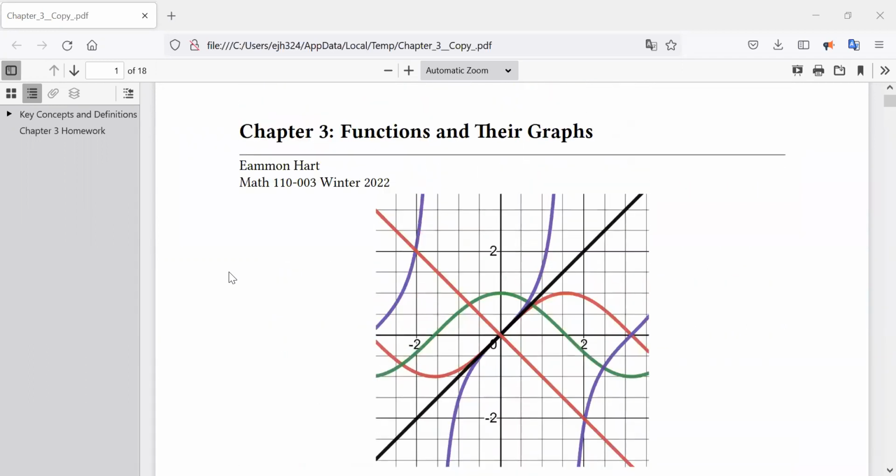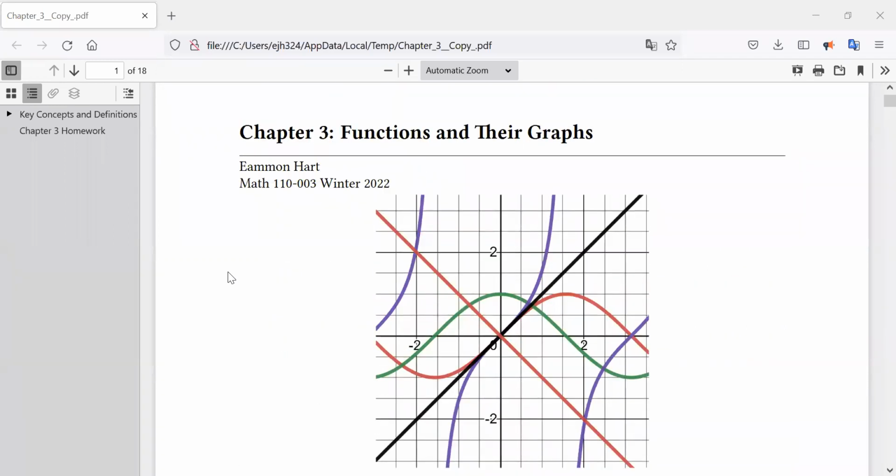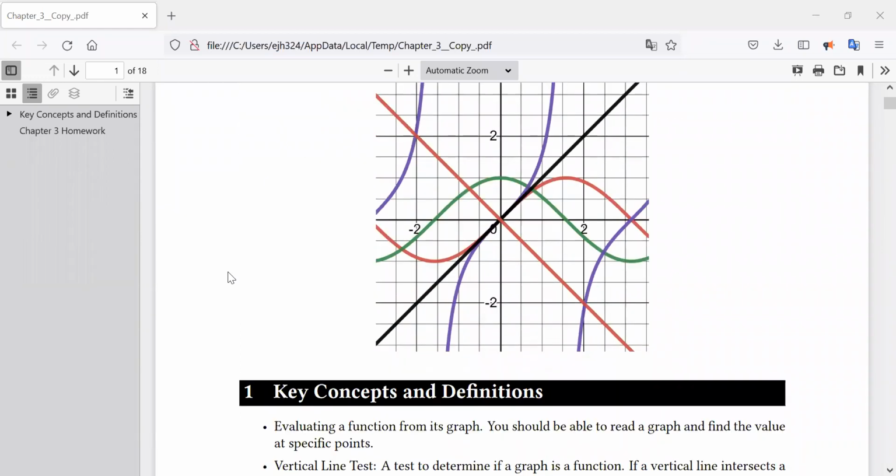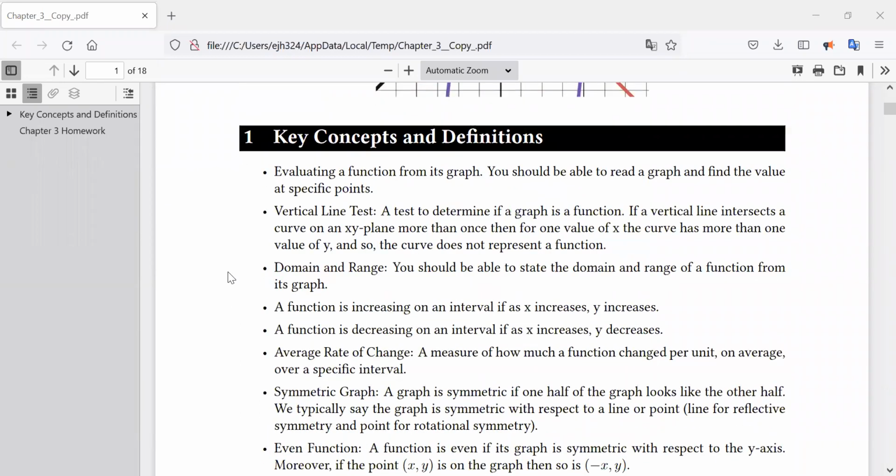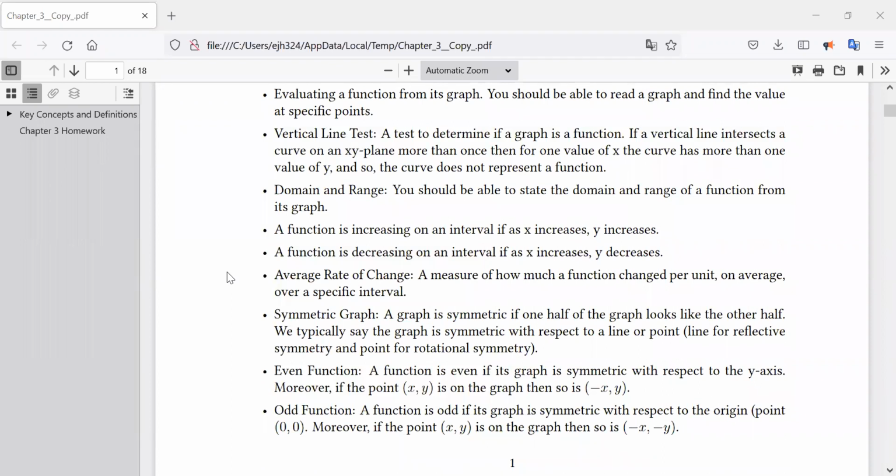So today we're going to dive into functions and their graphs. These are some of the goals for this chapter. We're going to talk about evaluating graphs of a function. I briefly mentioned the vertical line test, but if I give you the graph of a function, we'll actually use the vertical line test.